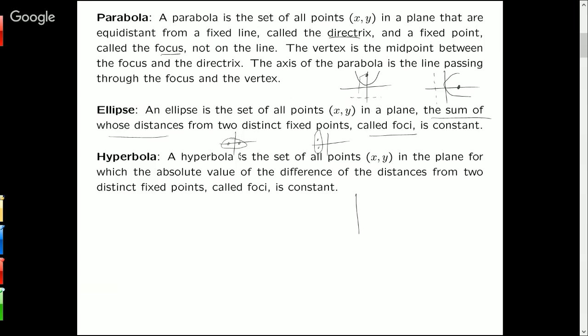Hyperbolas. Hyperbolas look the opposite. They're like a half ellipse, and they open around their foci. They have two foci, but it's the difference of the distances that is constant. For the ellipse, the sum of the distances is constant. For the hyperbola, the difference of the distances is constant.